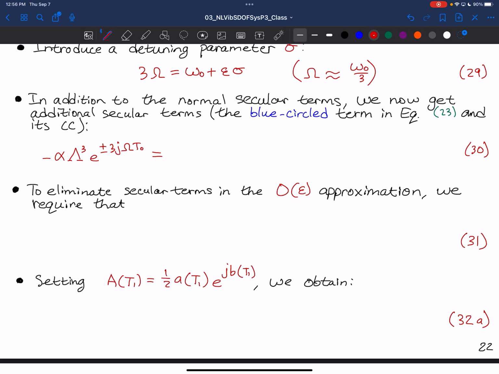This is then equal to minus alpha times lambda cubed times e to the plus or minus j epsilon sigma t0 times e to the plus or minus j omega 0 t0, which we can then rewrite as minus alpha lambda cubed e to the plus or minus j sigma t1 times e to the plus or minus j omega 0 t0.